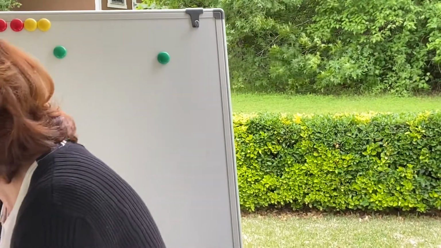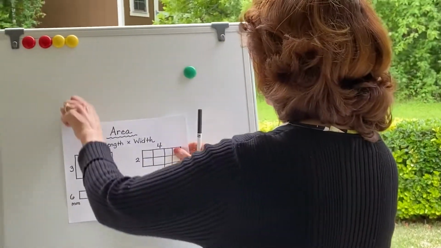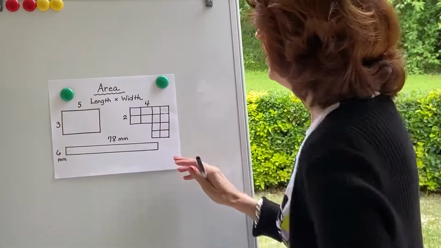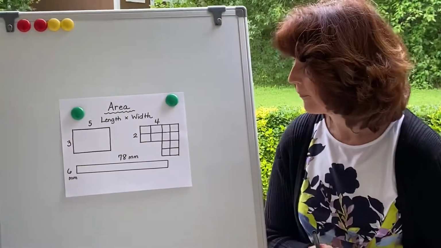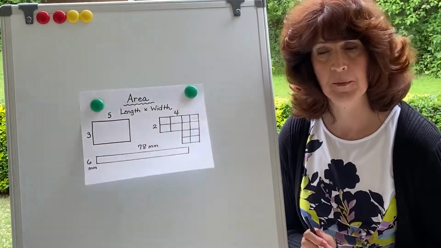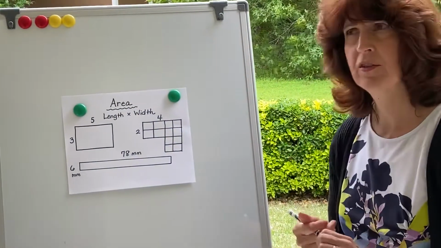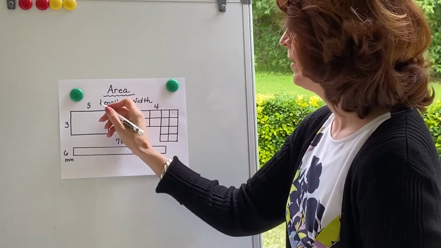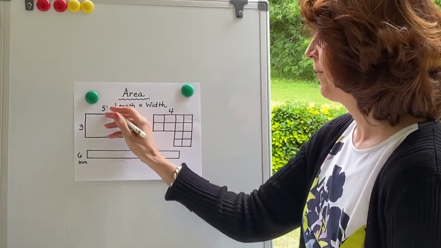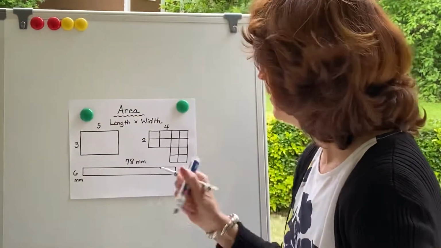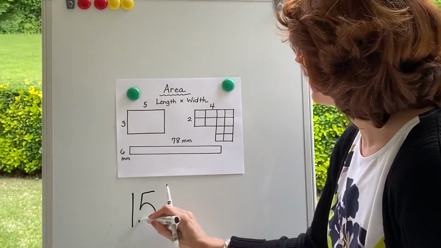The next topic we'll review is area. Now, area is length times width. A lot of you, when you have received problems like this, you think to yourself, oh, so simple. Okay, length times width, 5 times 3. Okay, I know that. Isn't that 15?